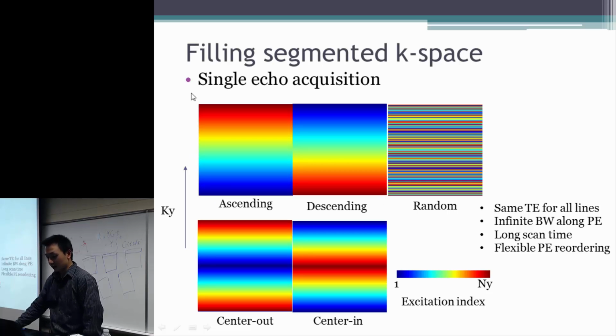The properties of the single echo acquisition are, first of all, that we have the same TE for all lines. Everything is the same except for the phase encoding. And then we have an infinite bandwidth along phase encoding, because each phase encoding line is a brand new excitation, so it is independent of the signal in the previous excitation or the excitation afterwards.